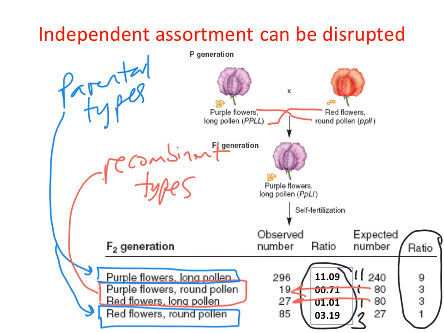That's our hint. If we see the expected number, if we see a 9:3:3:1 ratio, that means independent assortment is working. That means the genes are on separate chromosomes. 9:3:3:1. Independent assortment, genes on separate chromosomes. Anything other than 9:3:3:1, therefore, gives us the suggestion that we should start looking into the possibility that the genes we're dealing with are on the same chromosome, that they're linked.